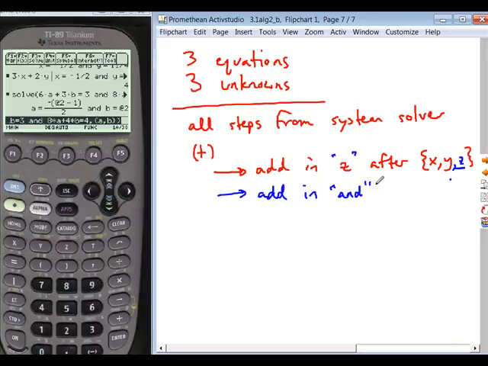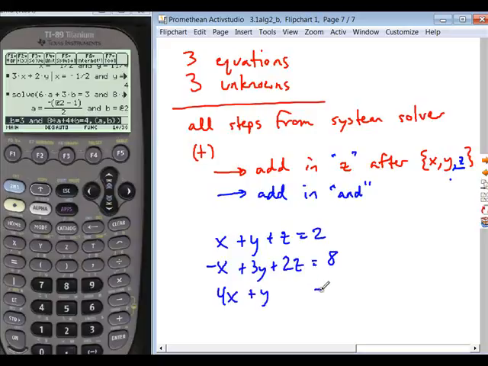So if I give you an equation that looks like this, here's your system.